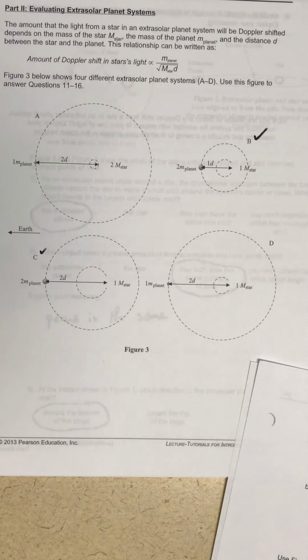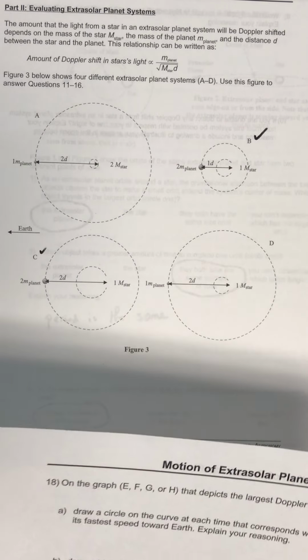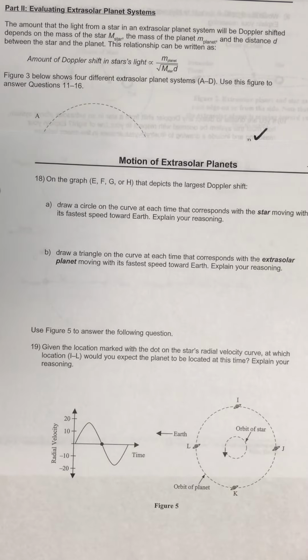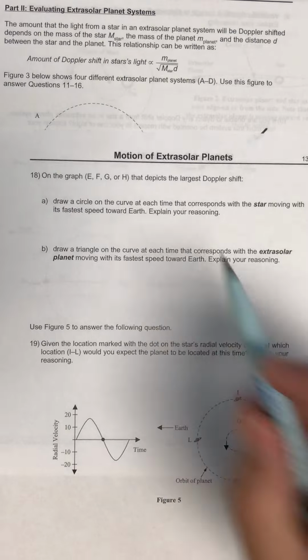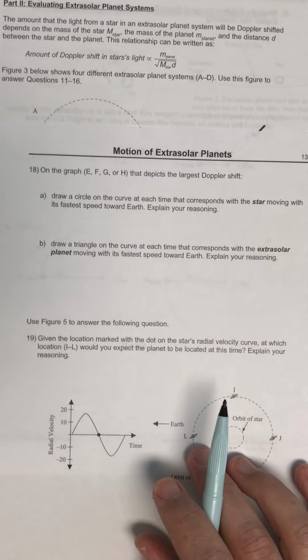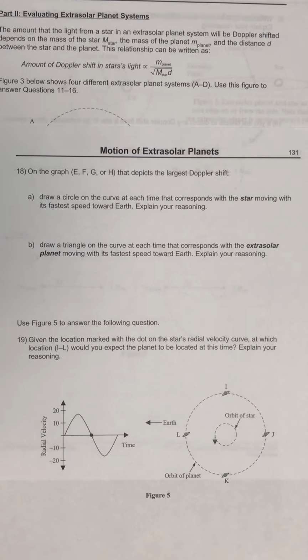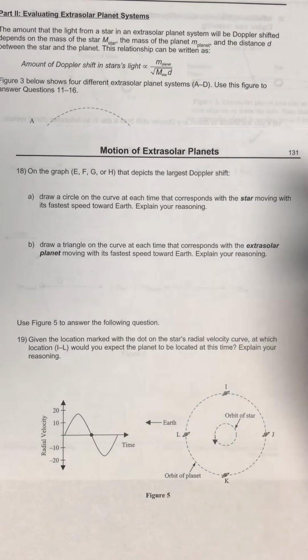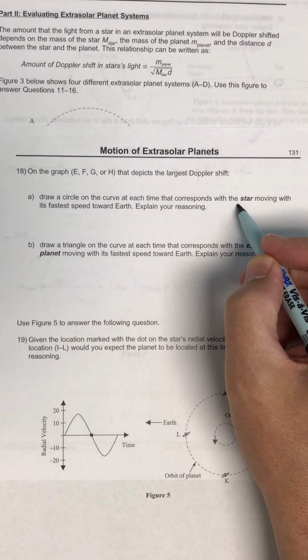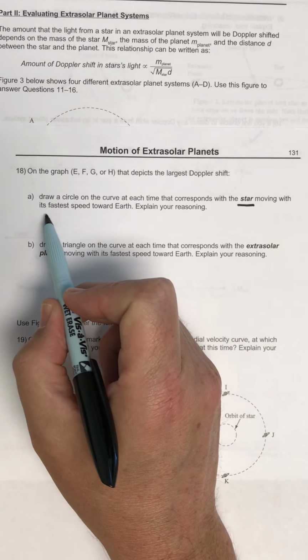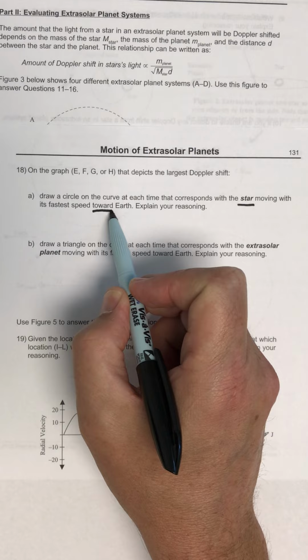All right, question 18. On the graph, E, F, G, or H, that depicts the largest Doppler shift, we want to draw a circle on the curve at each time that corresponds with the star moving with the fastest speed toward Earth.